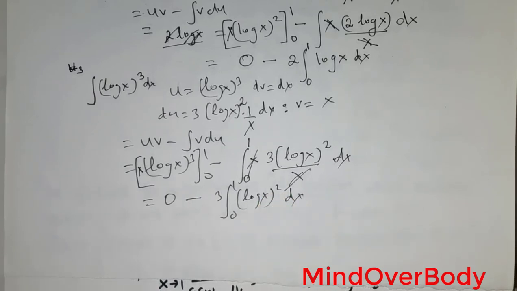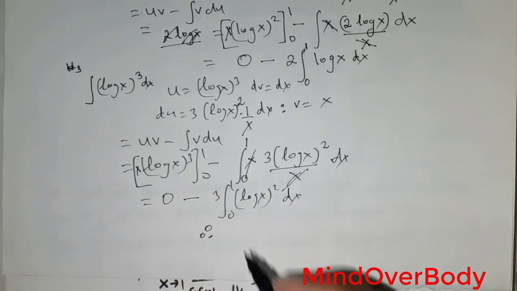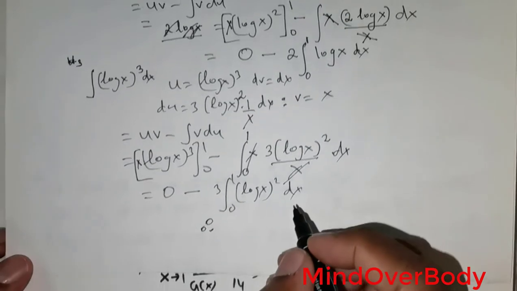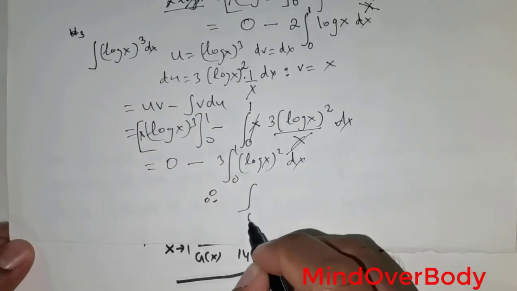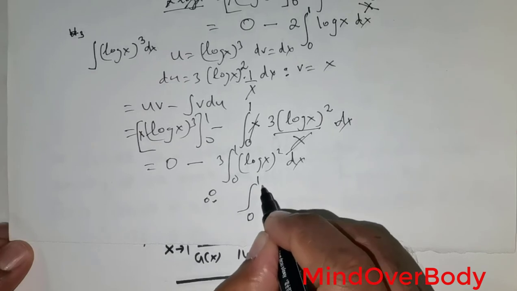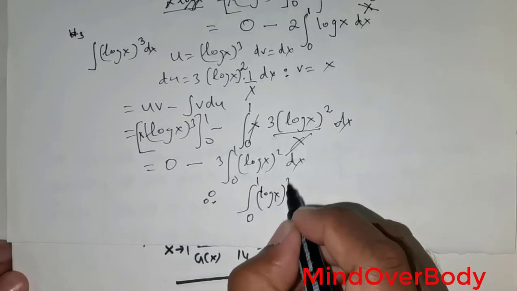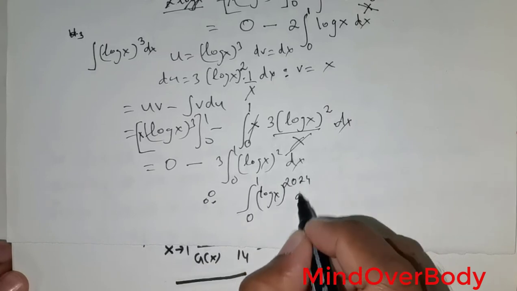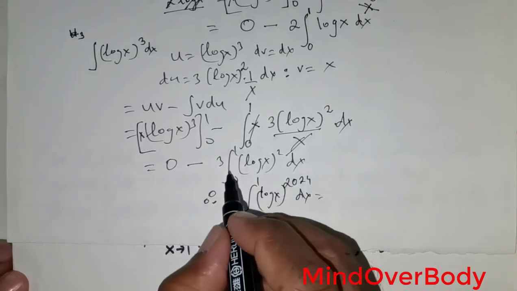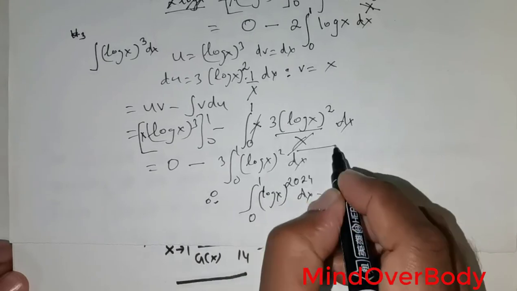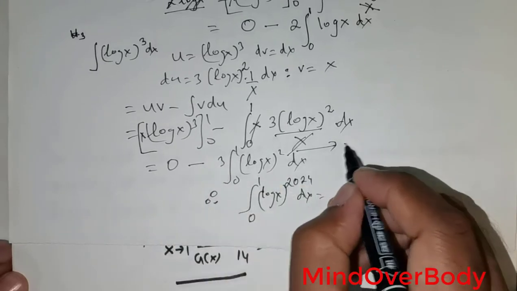So we are given, what are we given? We are given integral 0 to 1 log x raised to the power of 2024 dx. So what would this be? Now just consider this one. Now I can very well rewrite this one as negative 3.